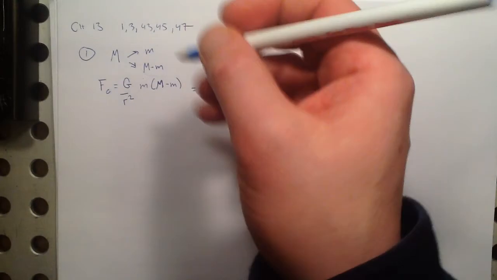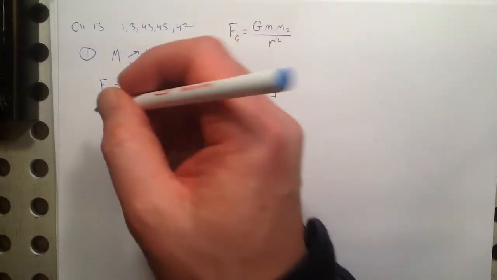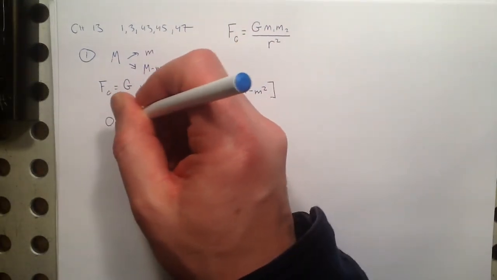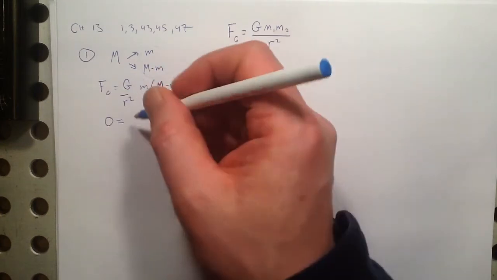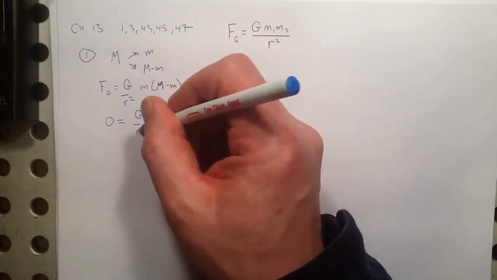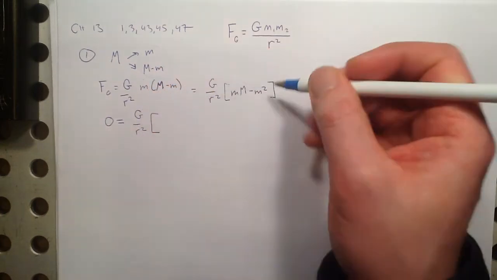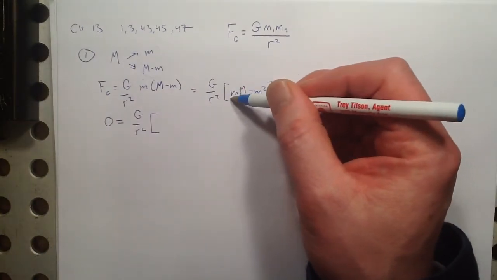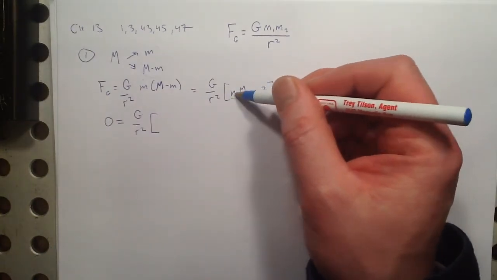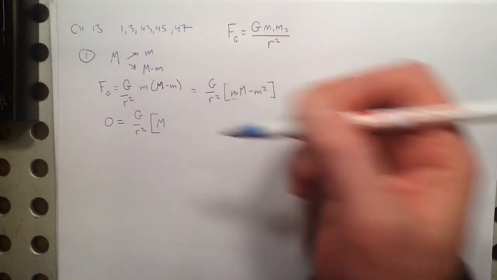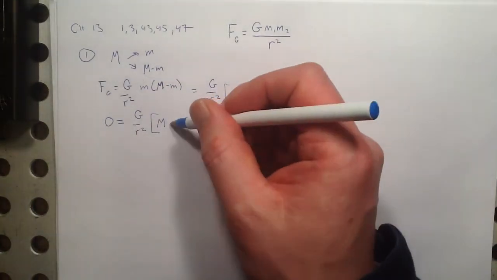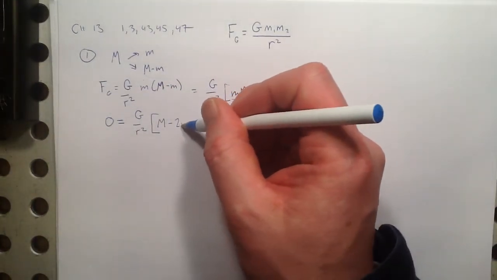So if I want to take the derivative of this and set it equal to 0, the derivative will be the constant G over r squared times, and then the derivative of M times the variable would be big M minus 2m.